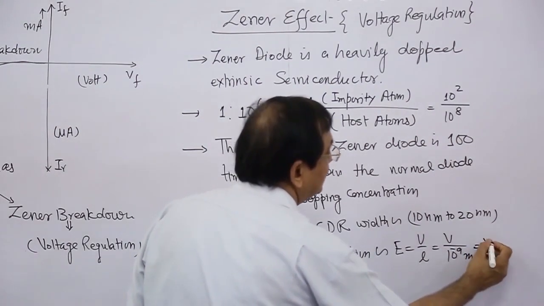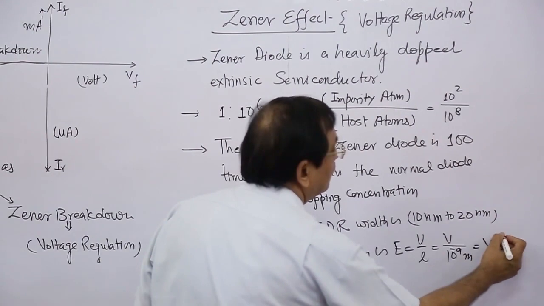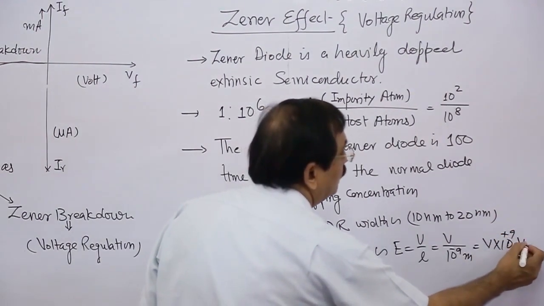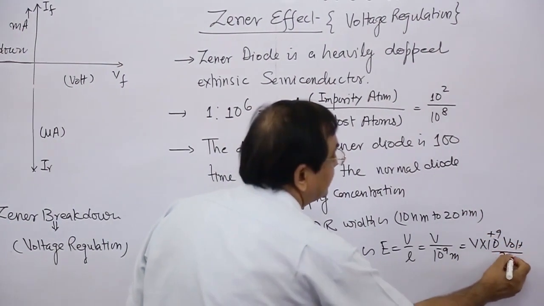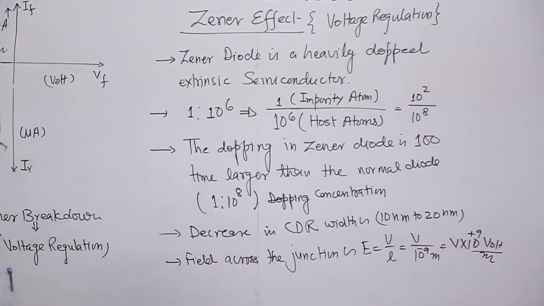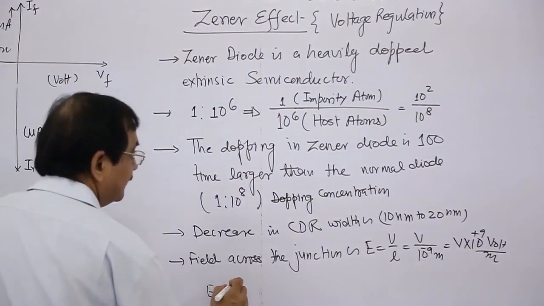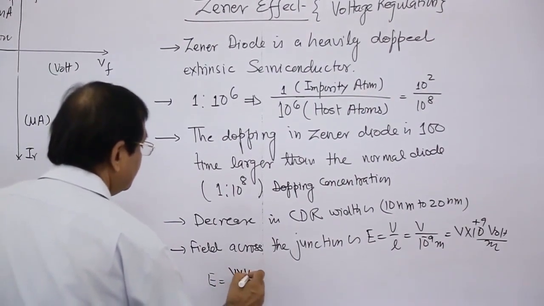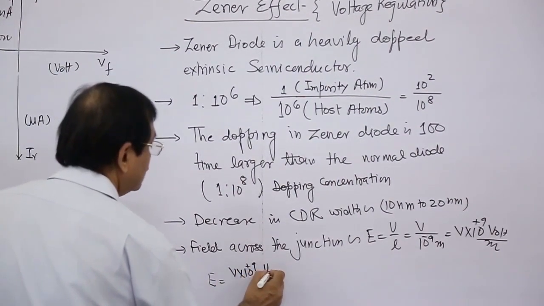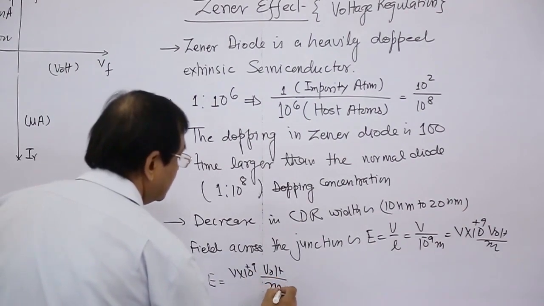So, this field E is V into 10 to the power plus 9 volt per meter.